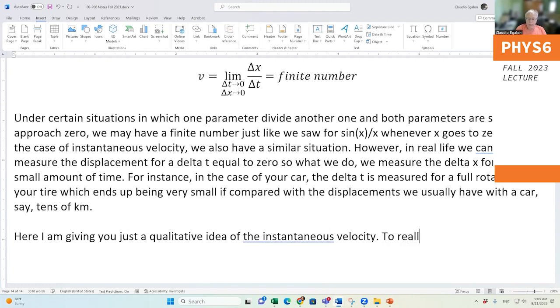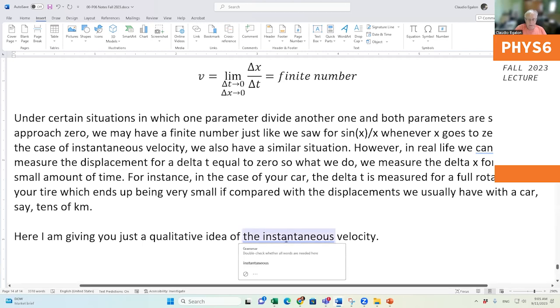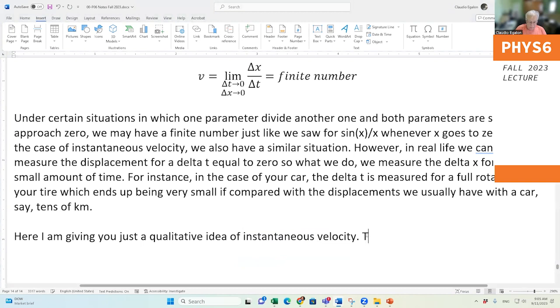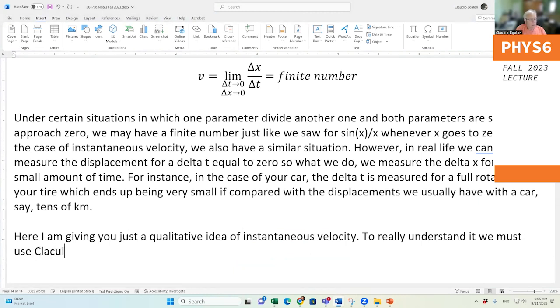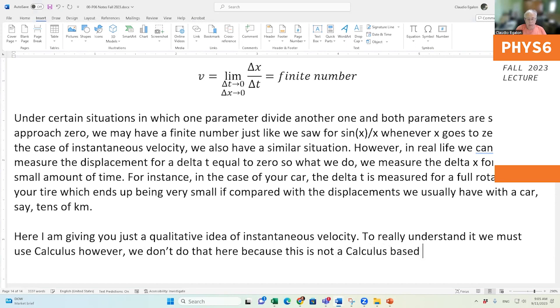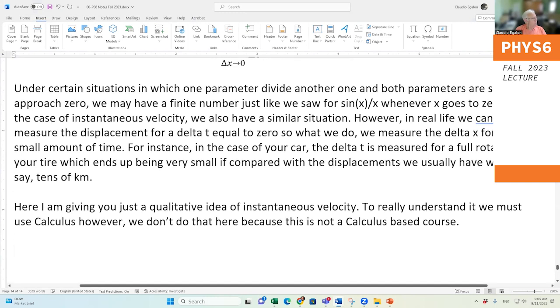To really understand instantaneous velocity, we must use calculus. But we don't do that here because this is not a calculus-based physics course.